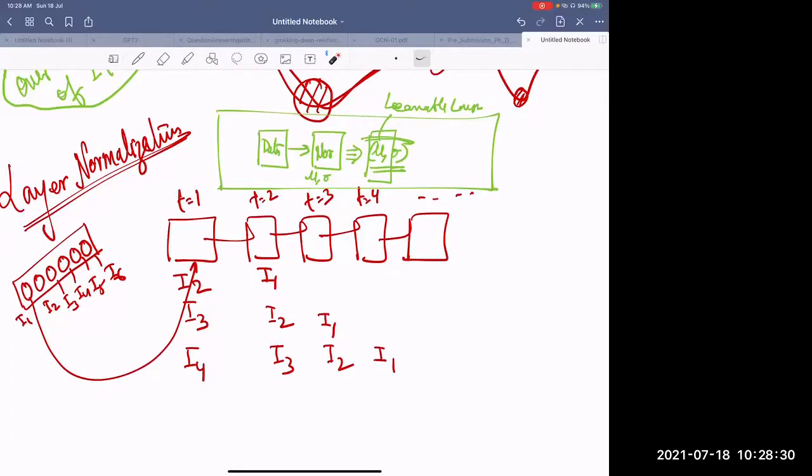So in that case, I need my original data, right? Is there a descaling factor somewhere? Yes, that's true. That's what I'm saying, that sort of descaling is actually happening within this learnable unit. Okay, got it, understood, thank you.